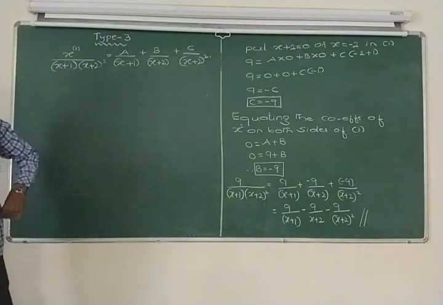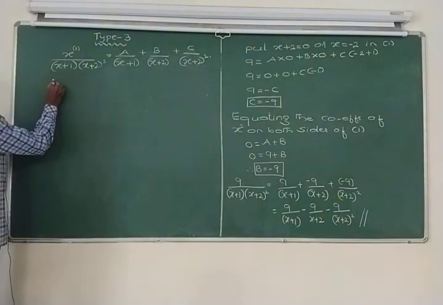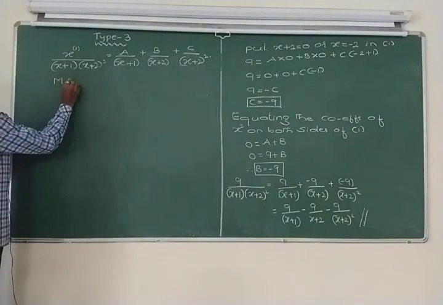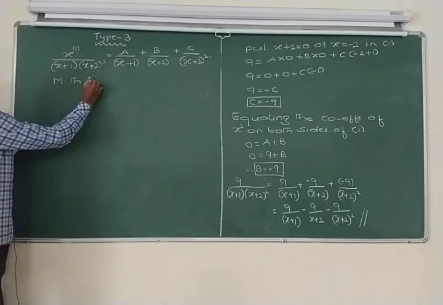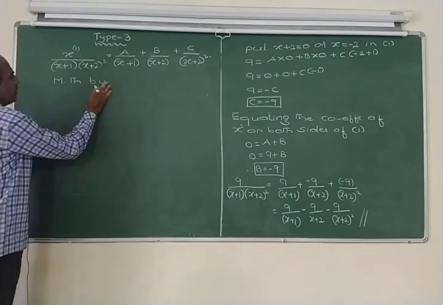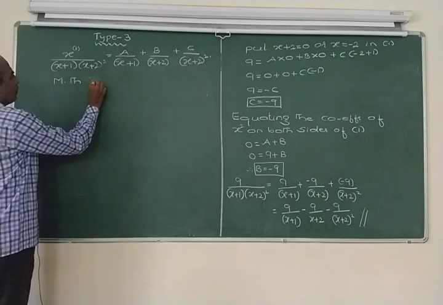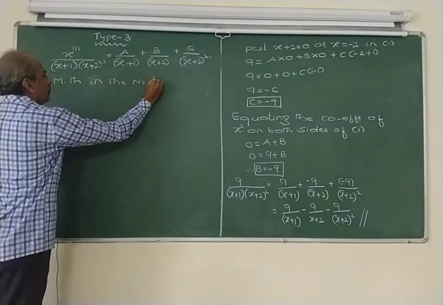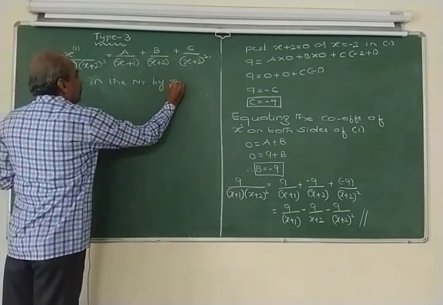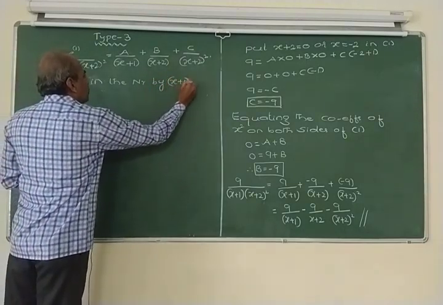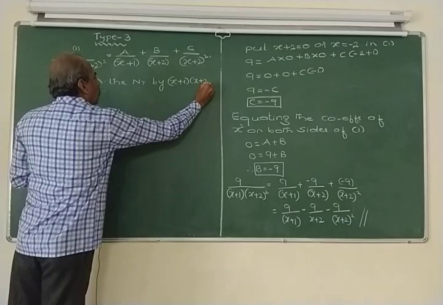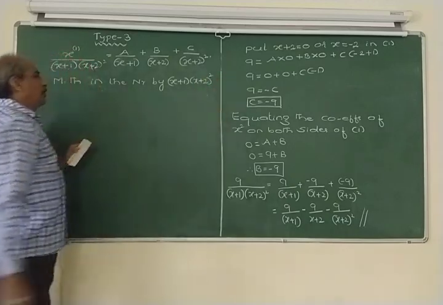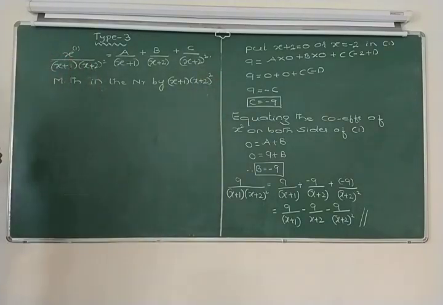You should take it the same way always. Now, what should be the next step then? Multiplying throughout in the numerator by x plus 1 into x plus 2 the whole square. I hope you got it. Okay. Now, let us see what happens.